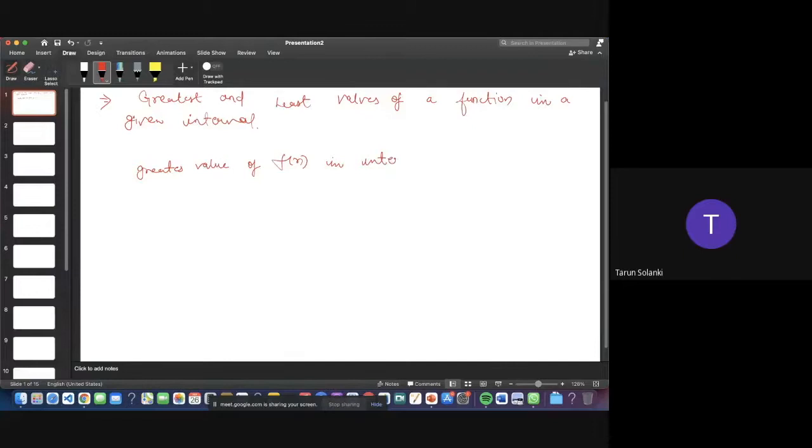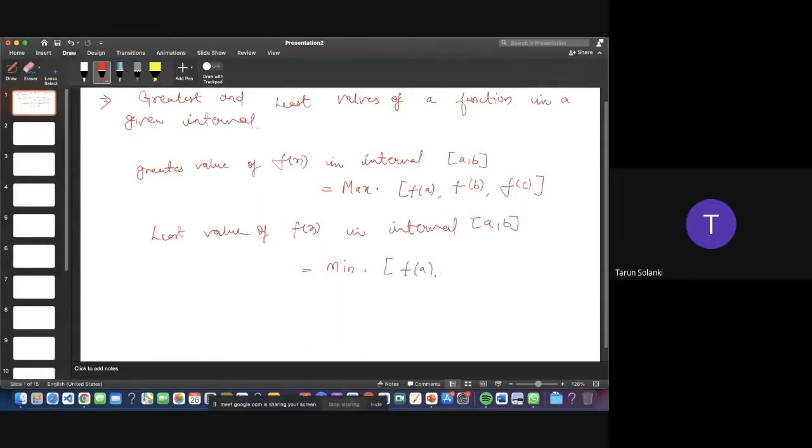in interval ab is equal to max of f(a), f(b), and f(c), and the least value of f(x) in interval ab will be the minimum of f(a), f(b), and f(c).